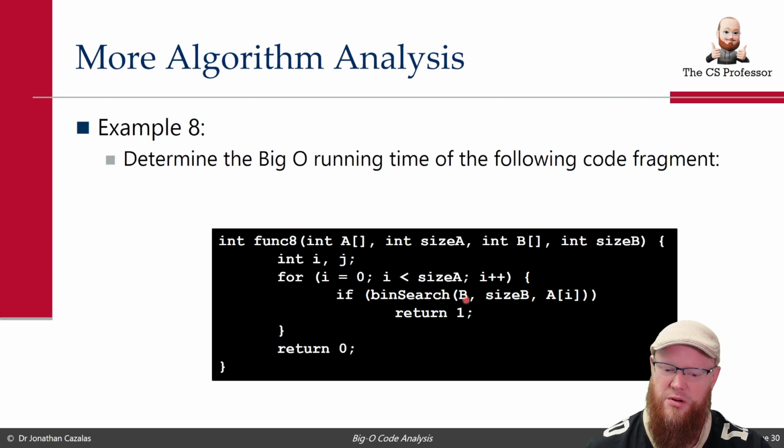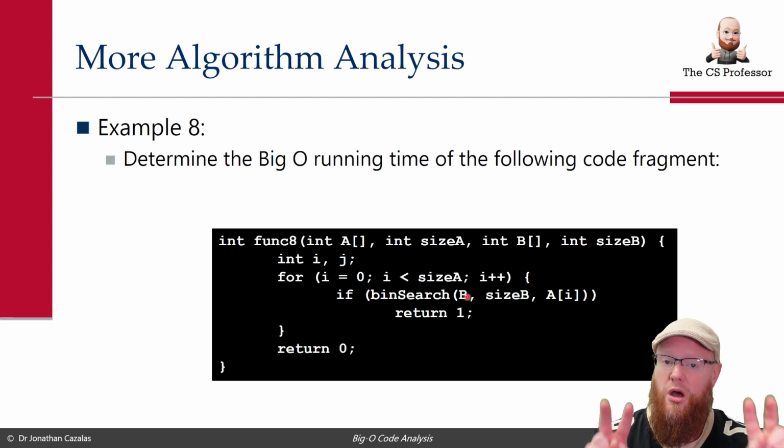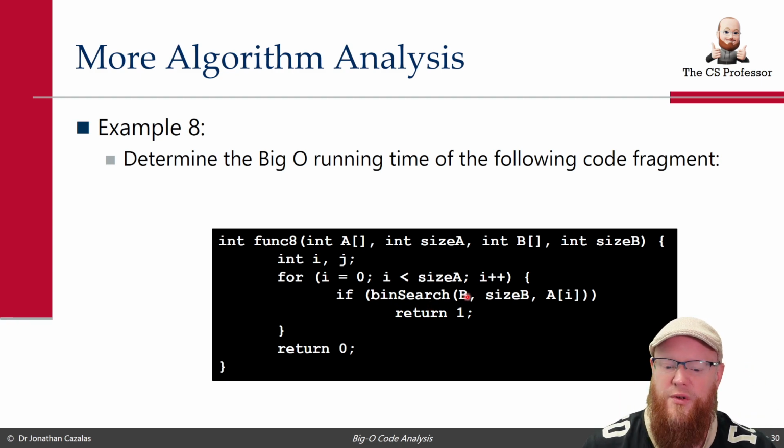Well, look at the parameters. We have B, we have size B, and we have A at some index I. Well, what is B as a parameter? That's this parameter. So B is a reference to an array on the heap. So we're sending to this binary search method array B. We're sending a reference to array B. We're sending over size of B, the size of that array.